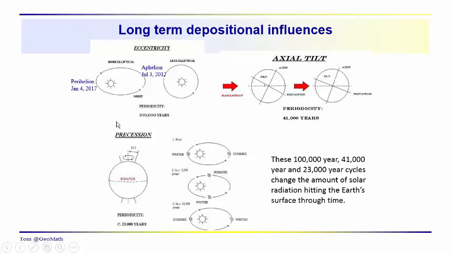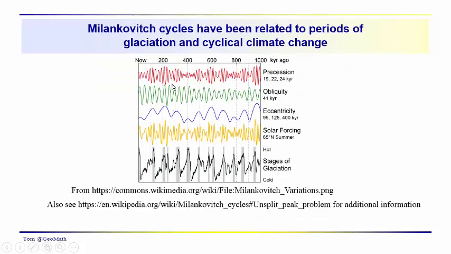So these have rather obvious impacts on climate. And here are a couple sites if you want to find out more about Milankovitch forcing. These are cycles which have been extracted over a million-year period of time. And for precession, this is the shorter cycle, 19, 22, and 24.